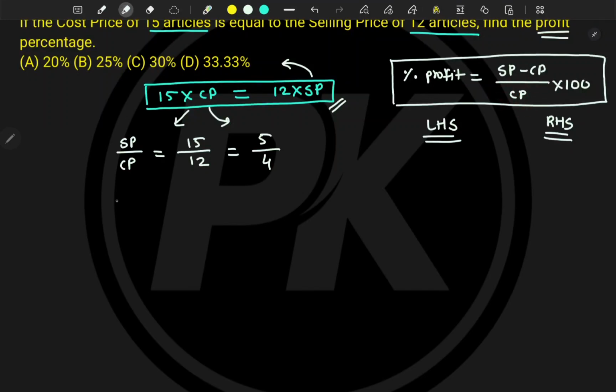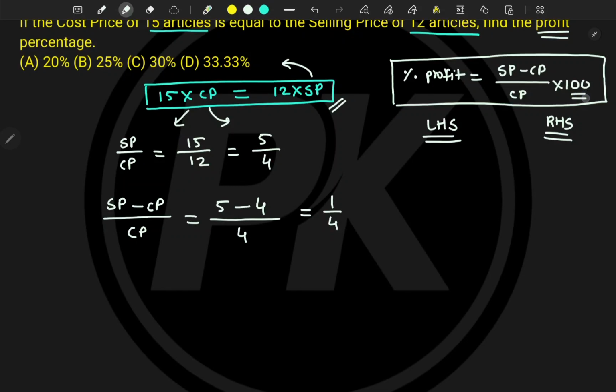Selling price resembles 5, minus cost price, which resembles 4, divided by cost price, which is again 4. So selling price, which was 5 at the top, minus cost price, which was 4, divided by cost price, again 4, will be equal to 1 by 4.